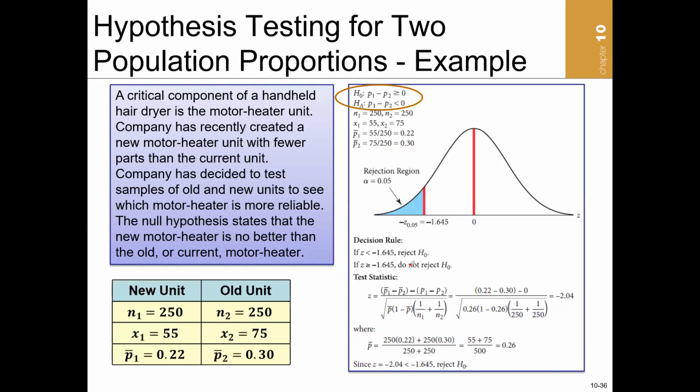This example says that a critical component of a handheld hair dryer is the motor heater. The company has recently created a new motor heater unit with fewer parts than the current unit. The company has decided to test samples of the old and new units to see which motor is more reliable, all right?